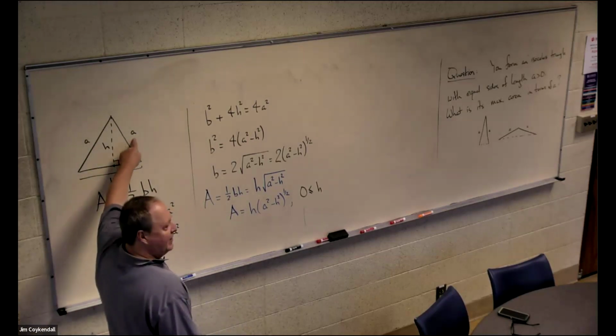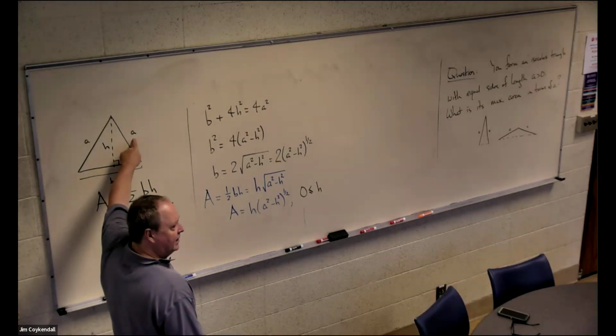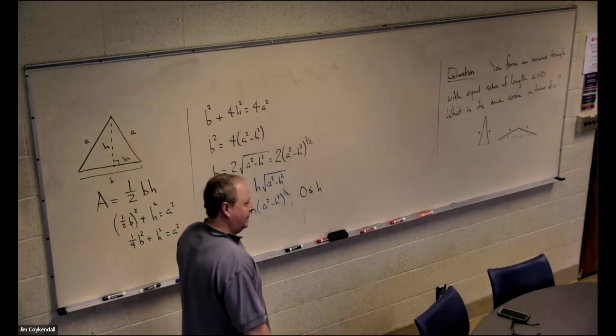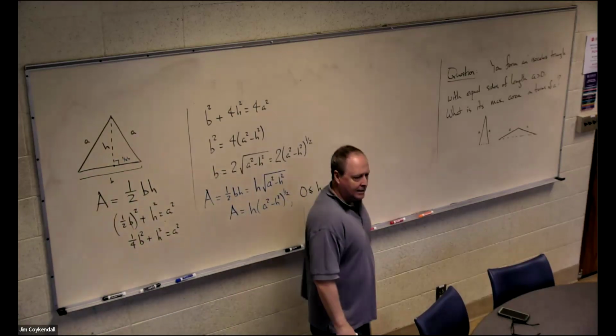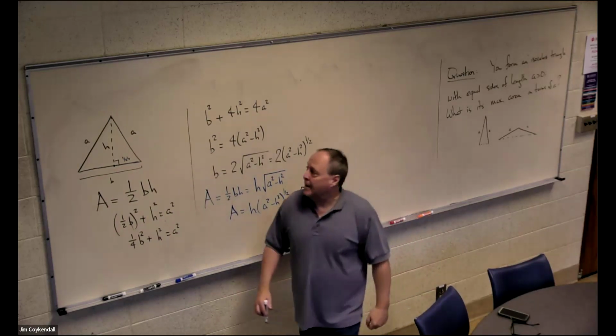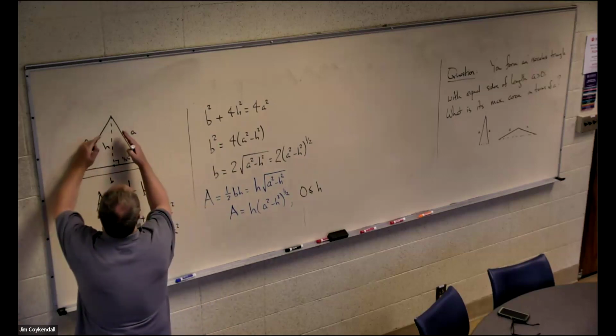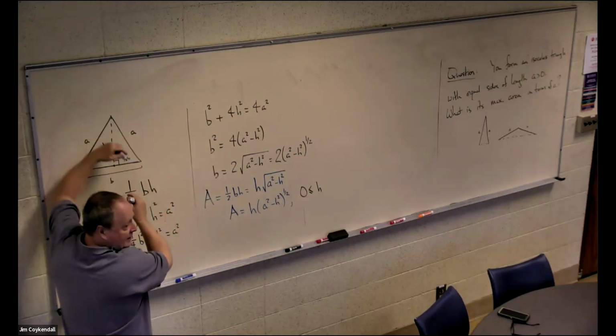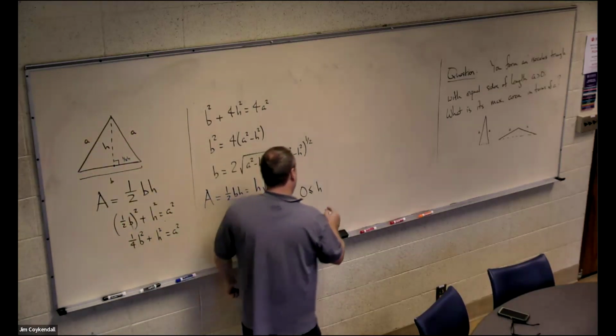No, because you're limited by these A's. They never get any bigger. Well, think about what happens as H gets taller and taller, the A's fold in, it's going to be A.